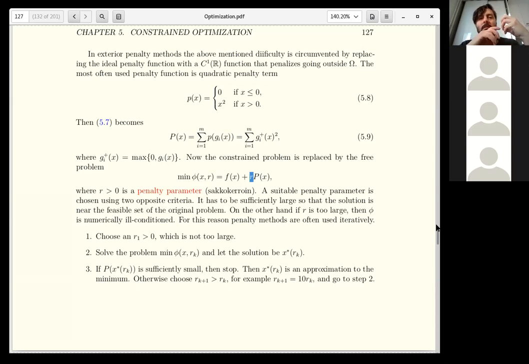On the other hand, if it's very, very large, then this new cost function for this free problem is numerically problematic, because if f of x's derivatives and second derivatives, if you're dealing with Newton method, its Hessian and the gradients of it have components that are in the order of, let's say, minus 10 and plus 10, and this r is 10 billion, then when you calculate the Hessian of this at or near the boundary, it will look like the condition is very bad.